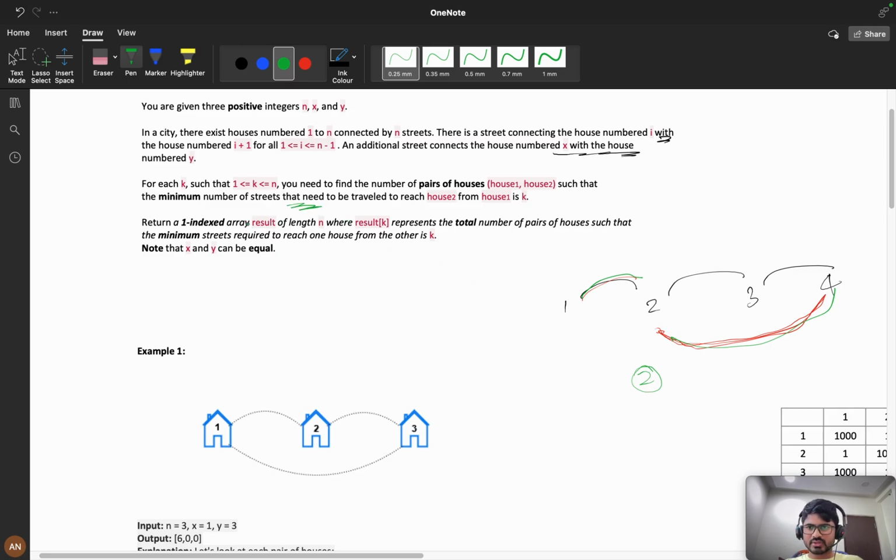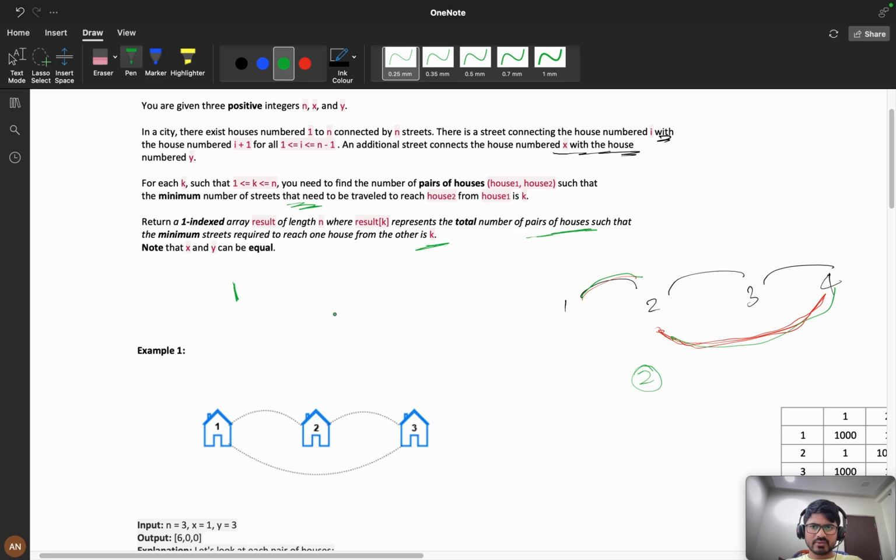We need to return a one-indexed array result of length n, where result[k] represents the total number of pairs of houses such that the minimum streets required to reach one house from the other is k. We want every distance.